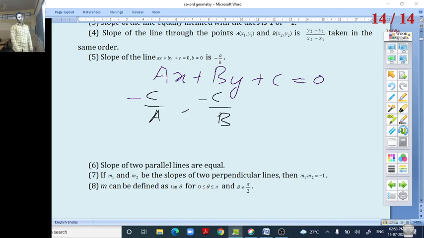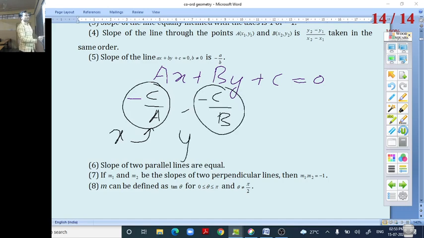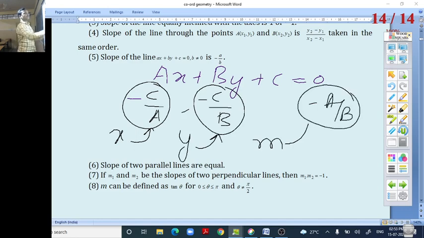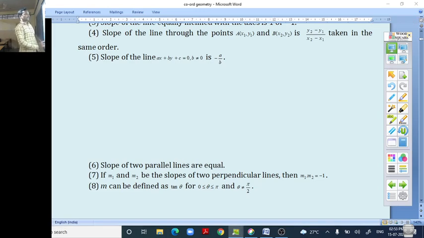Remember, this is the x-intercept and this is the y-intercept. And the slope of the line is minus a by b.